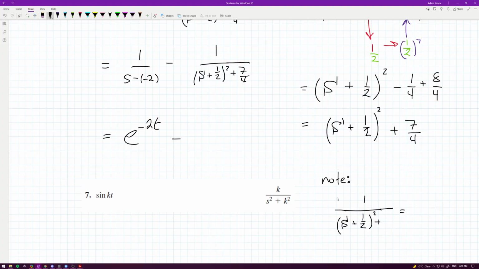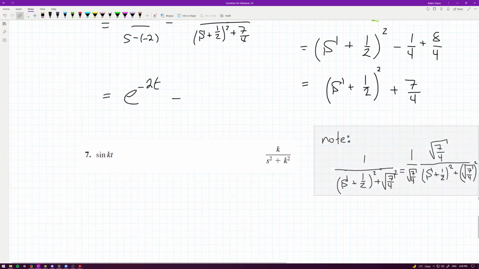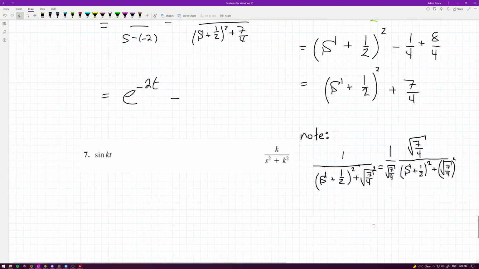So I've got to write this as root 7 over 4 squared. But I also want to have a root 7 over 4 on the top. So it's going to be root 7 over 4 over s plus a half squared plus root 7 over 4 squared, and I just have to multiply by 1 over root 7 over 4. So let me make that a little unsquished there, but hopefully that makes sense. So I just want to have the k on the top, k on the bottom.